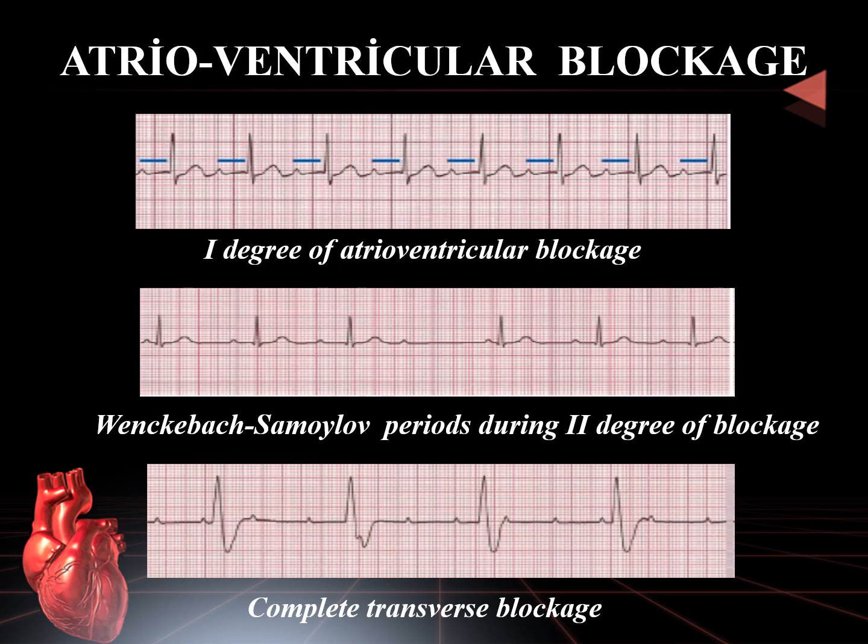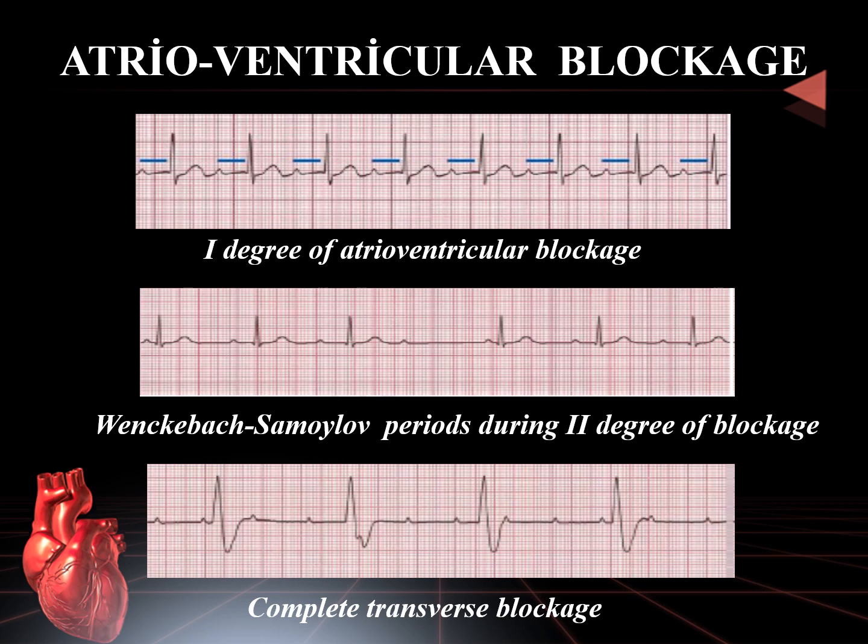This process is cyclic in character. That's why this is called the Wenckebach periods. The occurrence of the Wenckebach-Samoilov periods is associated with the relative and the absolute refractory period in the AV node.